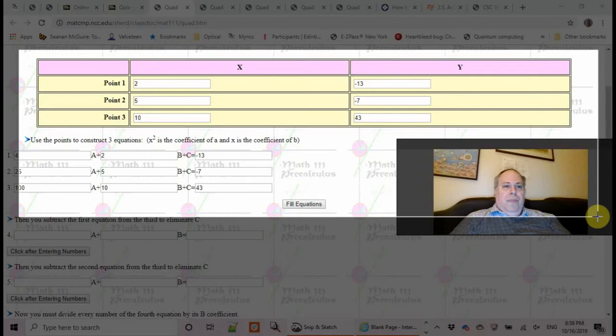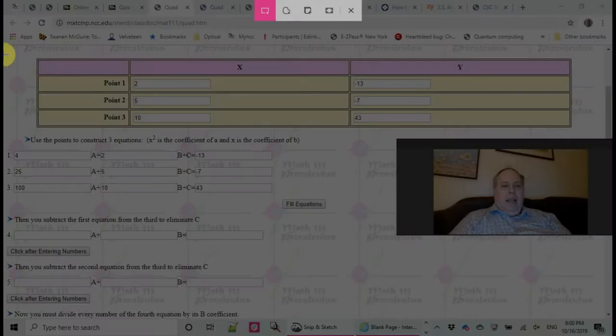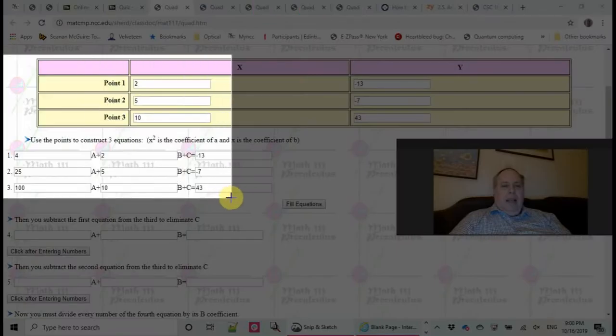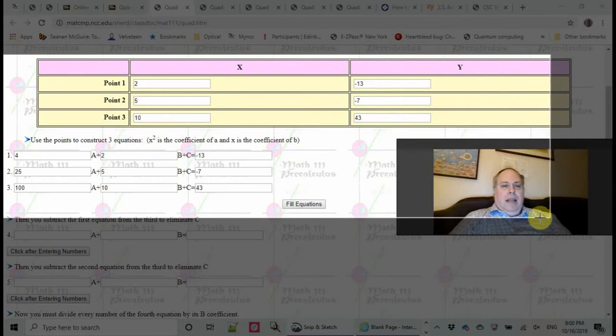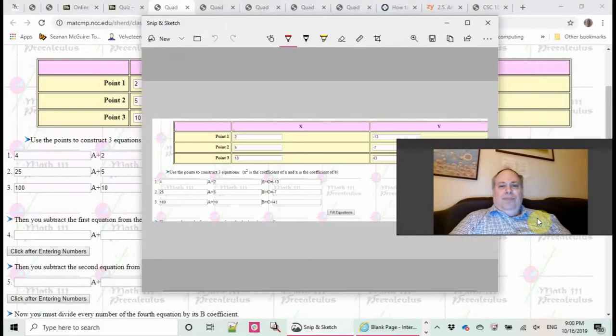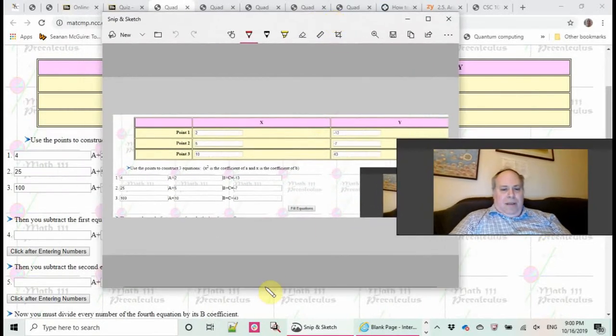My face fits beautifully. And so, oh, that's wrong. Let's change that. Yeah, that could cut off. Let's go there. Boom. I got the whole thing, including the fill equation button and my face. There. See if that came in. Yeah, there it is. Now, we'll put that in the lecture notes to help you.